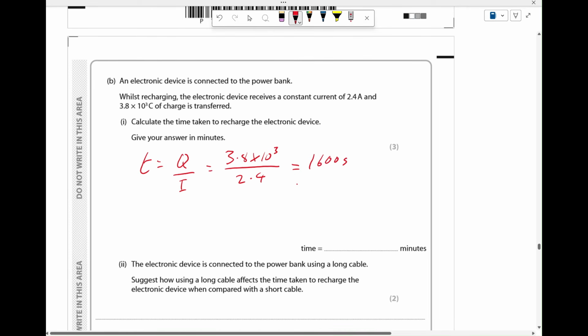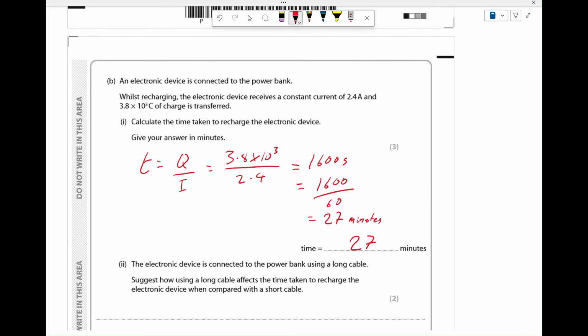You'll notice it says give your answer in minutes, so I have to do 1,600 divided by 60. Can't quite do that in my head. 27 minutes to 2 significant figures. Let me just check I've done that right. Yeah, lovely.